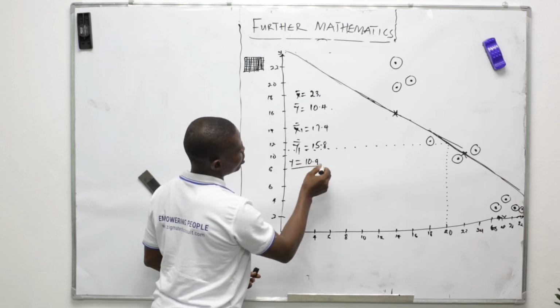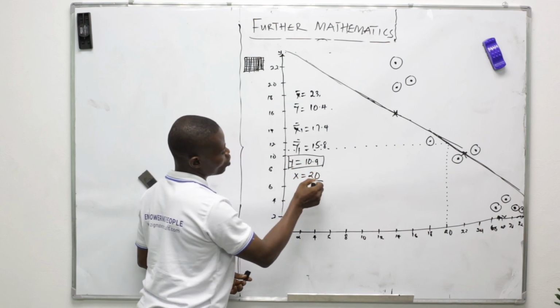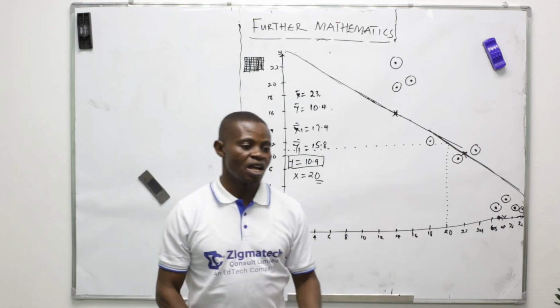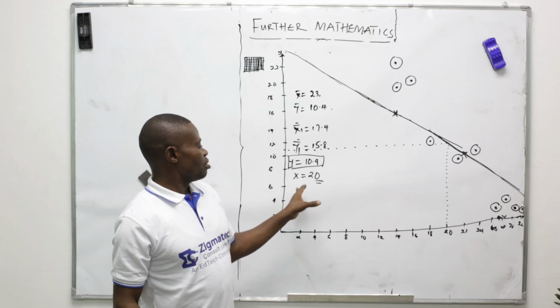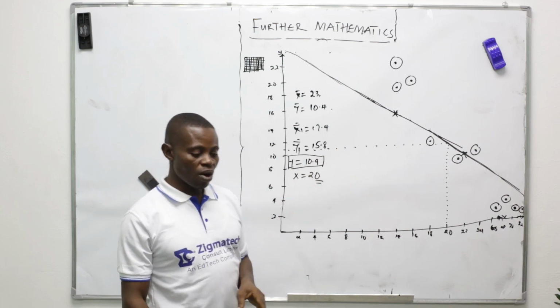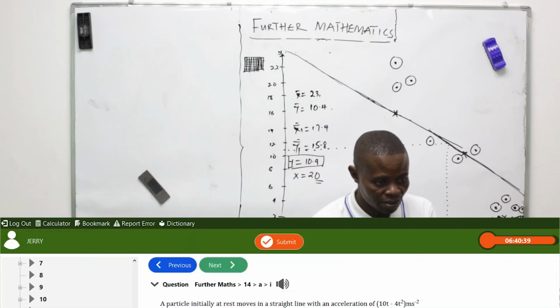Y equals 10.9 when S equals 20. You are done answering this question. Hence, Y is 10.9 when S equals 20. Let's go to the next question.